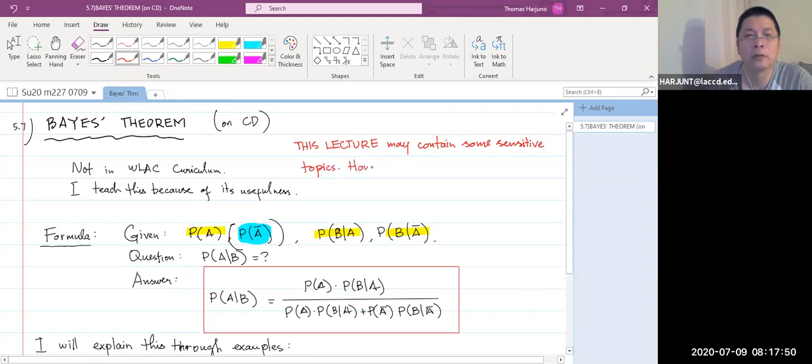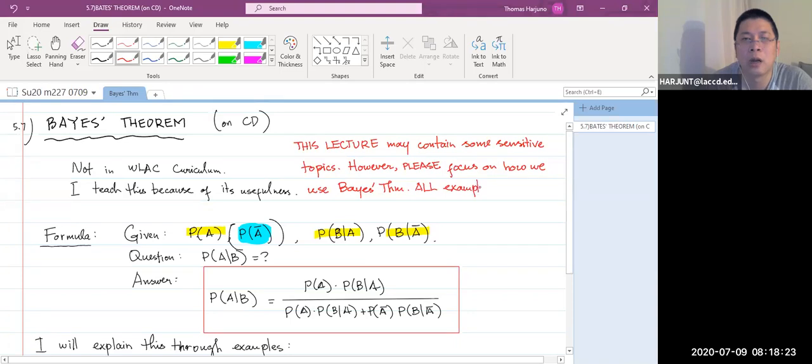However, please focus on how we use Bayes theorem. All examples are hypothetical.